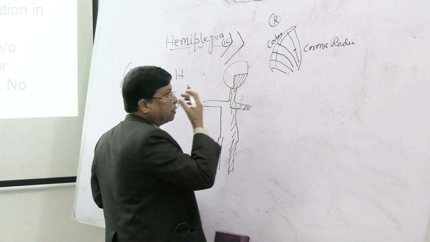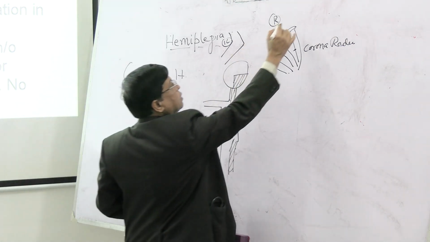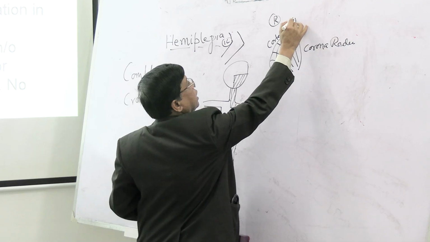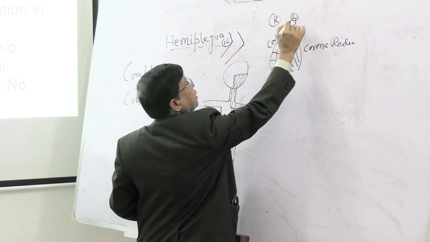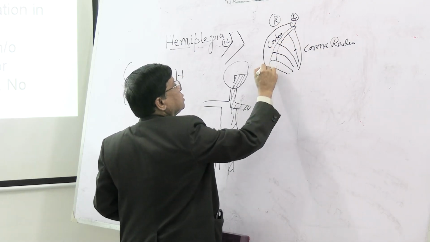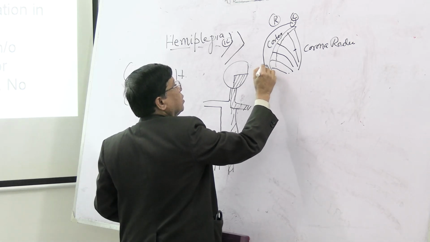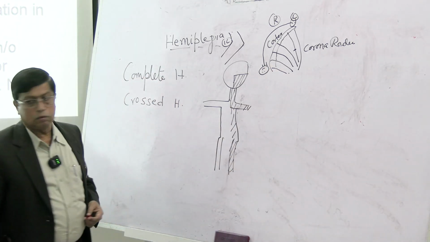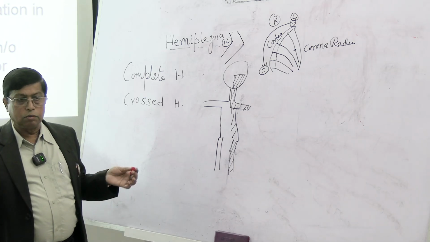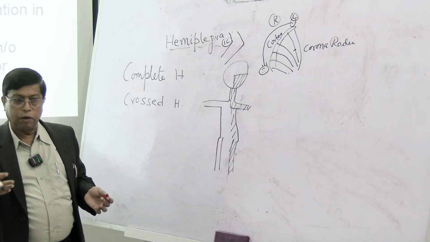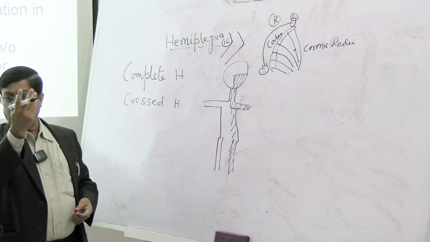Now you know that the fibers are like this. Here is the head, and these are leg fibers. The person is lying like this, with the head here. This is where the distribution is: the head fibers low and the leg fibers up.